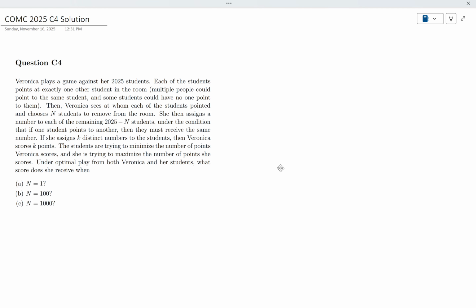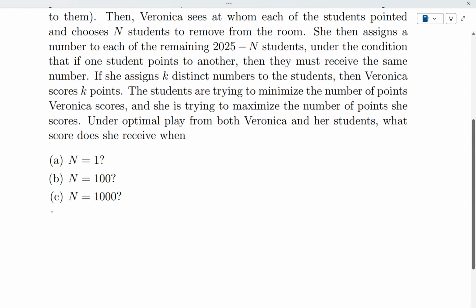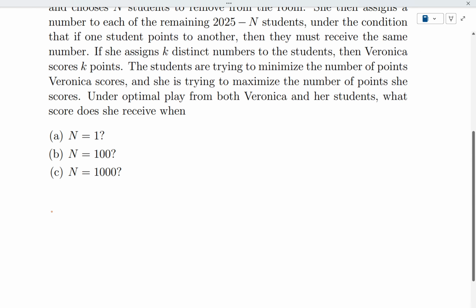So now let's answer the question. For part A, she can only remove one person, right? So the students can point to each other in a giant loop like this. And no matter who Veronica chooses to remove, she can only remove one person. So let's assume she chooses this one.